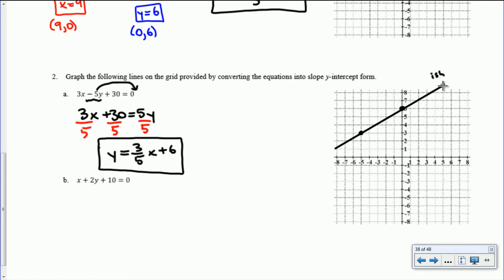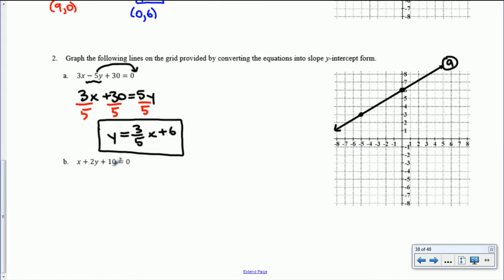So like that. That's the line. So that's for A. Guess we can get rid of that now. Good enough.